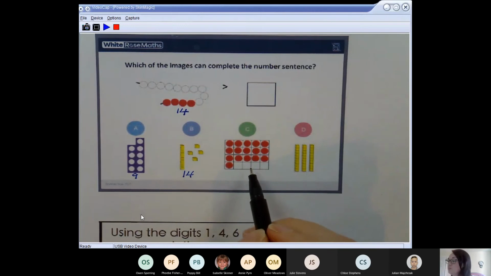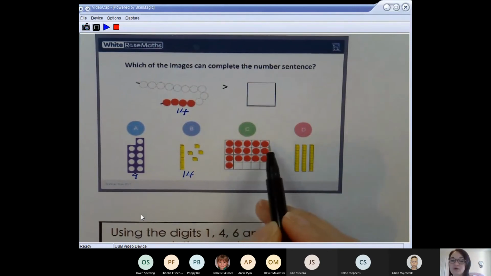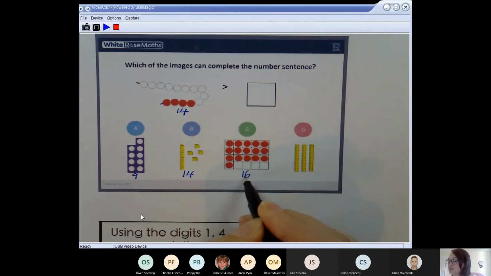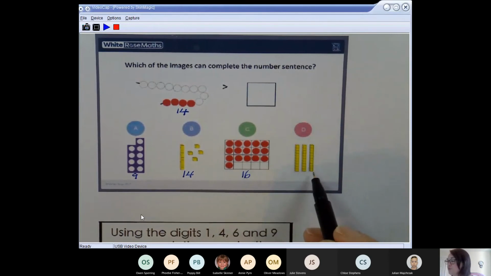If we move on to picture C, I've got 1, 2, 3, 4, 5 counters in a row, and I can count those in 5s. 5, 10, 15 plus 1. 15 plus 1 is 16. And then D, I've just got 10s rods. There are no 1s here at all. So I can count just in 10s, 10, 20, 30.